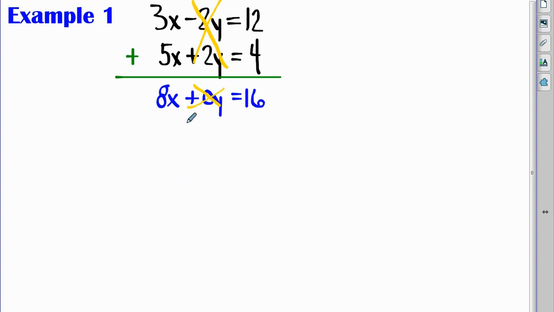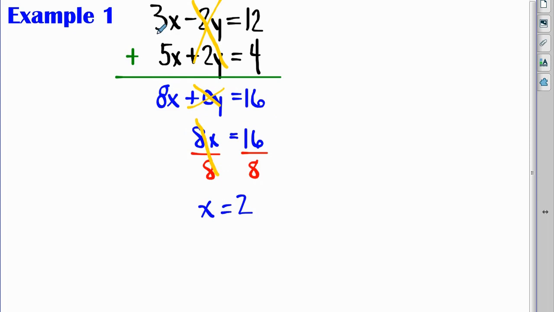So really I only have 8x equals 16, which is a pretty simple equation to solve. If we just divide by 8, we can solve for x. The 8's cancel, they become 1, and we're left with x equals 2.